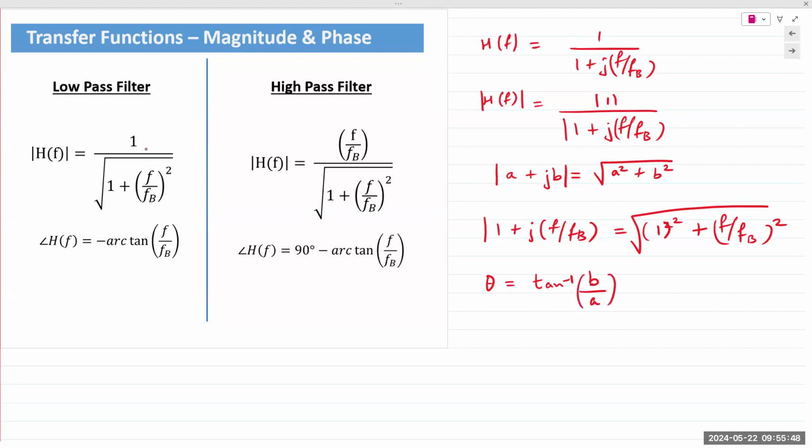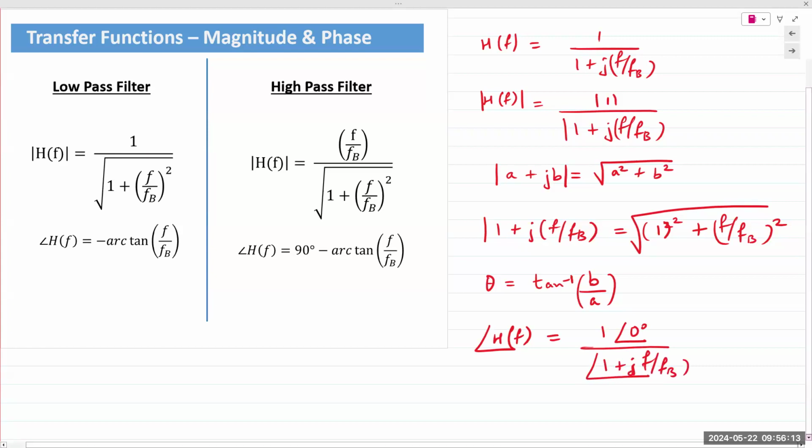So if I was trying to find the phase of the transfer function, it will be the angle 0 for the 1, divided by the angle for 1 plus j f over fb.